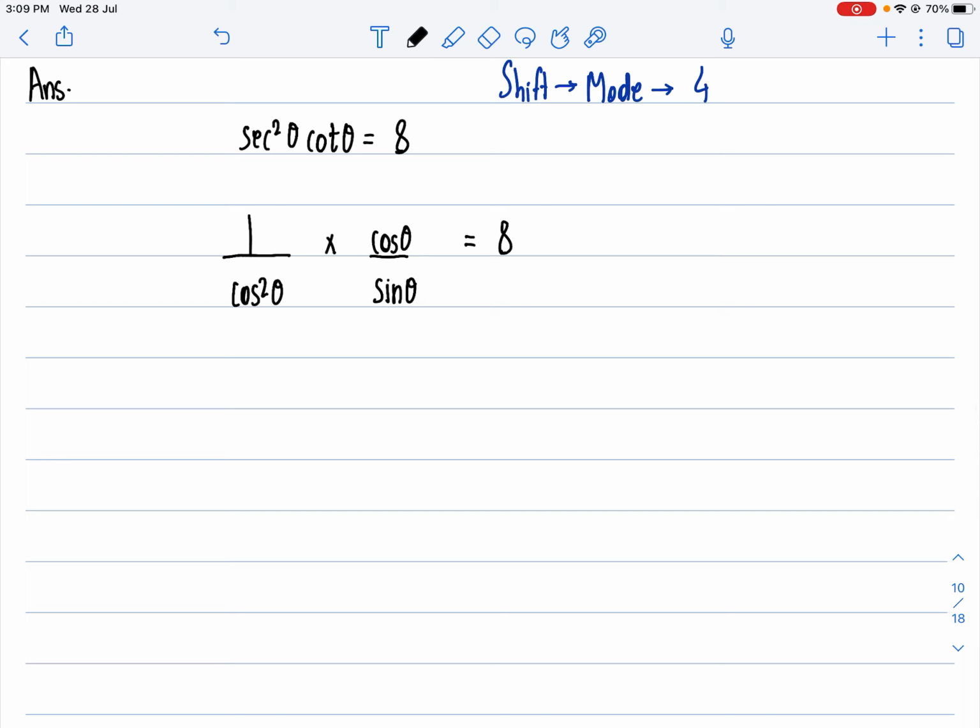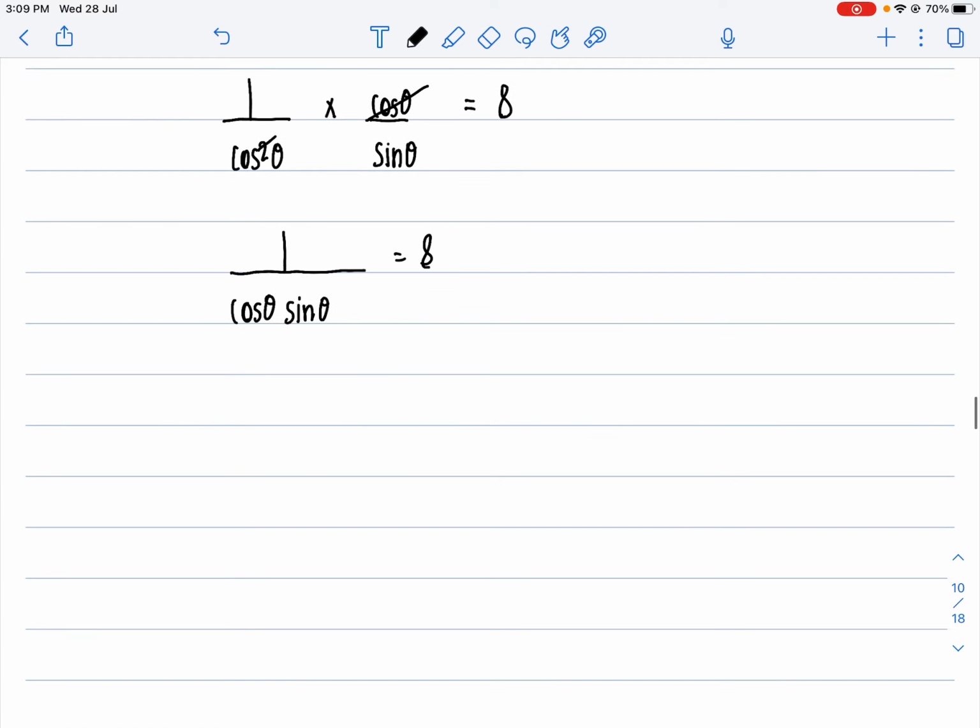Now I can cancel 1 cos theta here and the square here. So I simply get 1 divided by cos theta sine theta equals 8, correct? So I simply get cos theta sin theta equals 1 over 8. Correct? This is what I simply get.